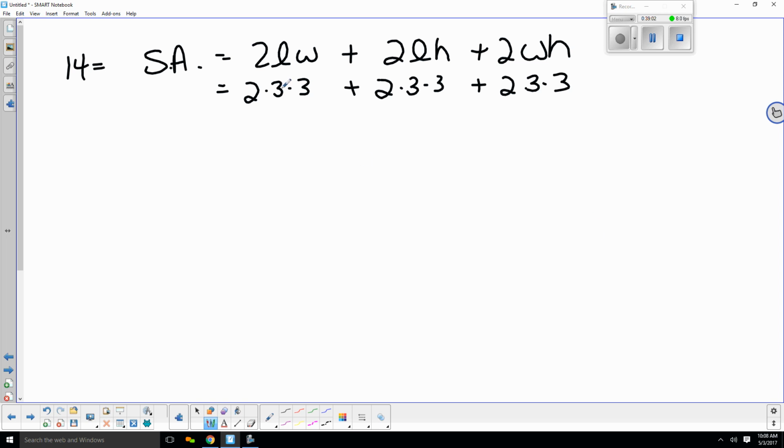What's 2 times 3? And 6 times 3. So every one of these are 18. So what's 18 times 3? So my surface area, it's area, so it's square units, is going to be 54 square meters.